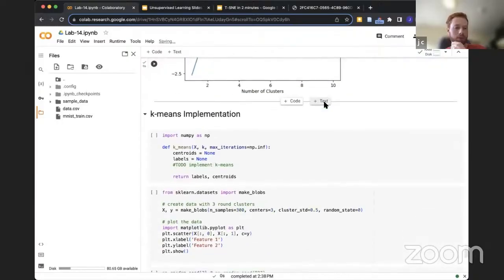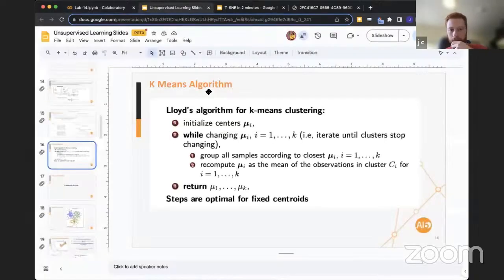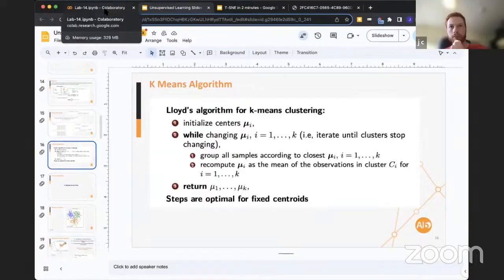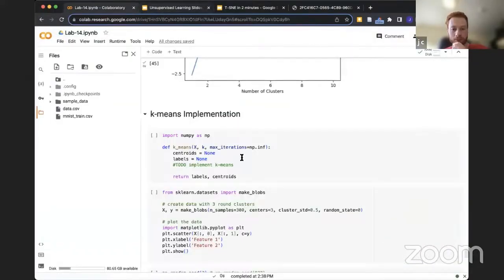Okay, and now we'll start to implement our own version of k-means. So back to k-means from the lecture, we had this Lloyd's algorithm, and we initialize. We implement it together. So if you have not been running our cells, now is the time to get the notebook out again.